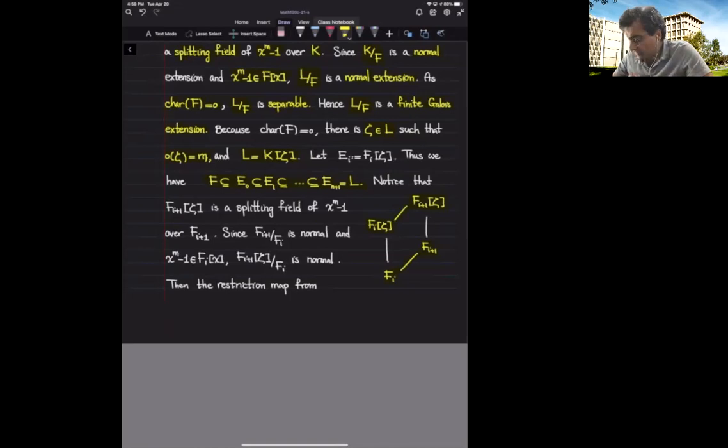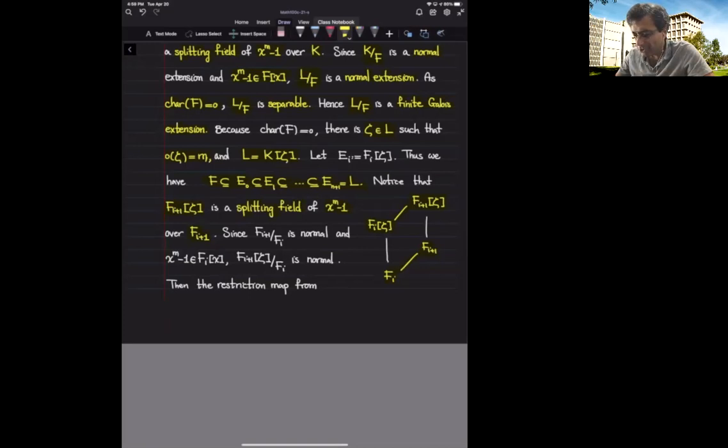In order to have a connection between this guy over here and the guy at the bottom, which is the field that's contained in all of these fields, we are going to observe that F sub i plus 1 with zeta added can be viewed as a splitting field of the polynomial x to the m minus 1 over F sub i plus 1. I'm adding zeta to F sub i plus 1, so this is a splitting field of x to the m minus 1.